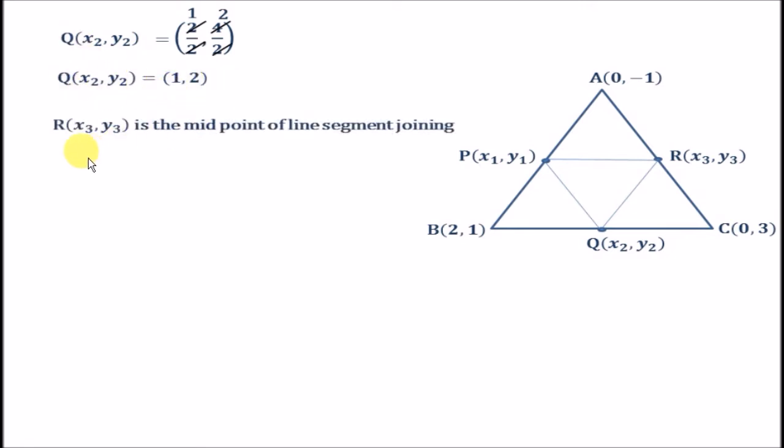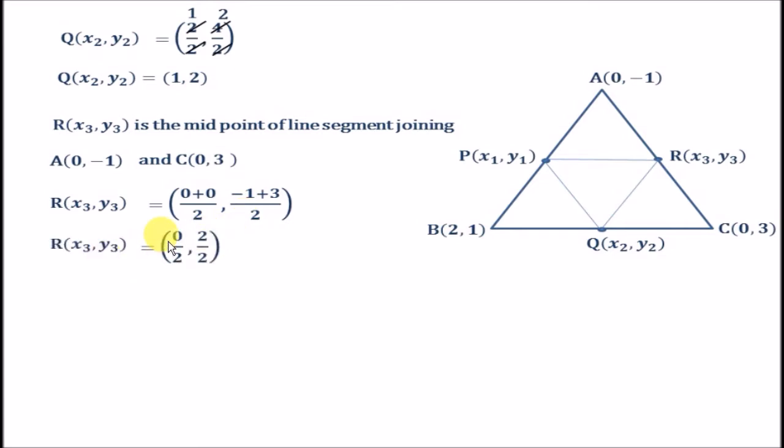Similarly for point R, (x3, y3) is the midpoint of the line segment joining A (0, -1) and C (0, 3). So we can use the midpoint formula of coordinates again. R (x3, y3) equals (0 + 0)/2, (-1 + 3)/2. 0 plus 0 will be 0, so 0 divided by 2, 3 minus 1 will be 2, so 2 divided by 2.